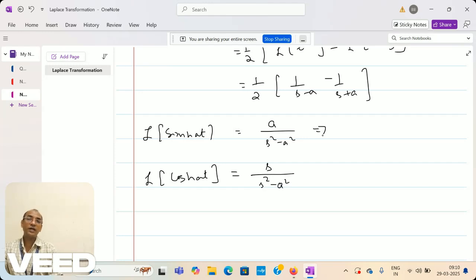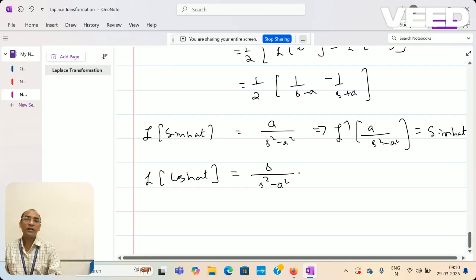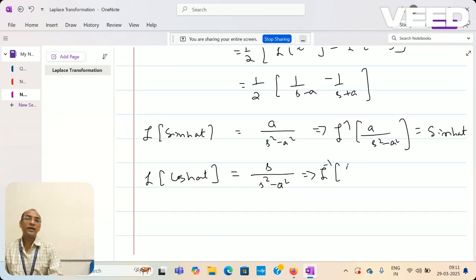So the inverse of a by s square minus a square will be nothing but sinh at, and the inverse of s by s square minus a square will be nothing but cosh at. So like this we are able to find the Laplace transformation of some standard functions.